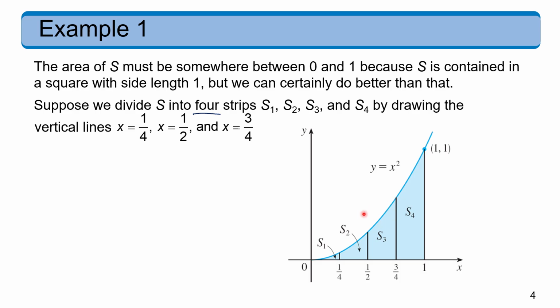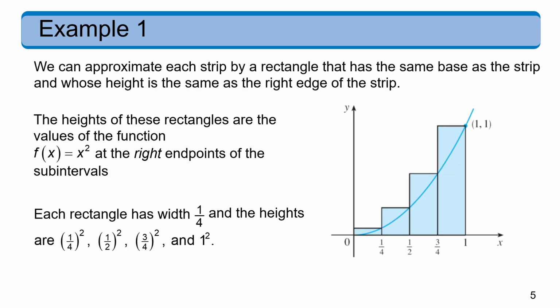So for each of these rectangles we have to first decide where we are going to put the top of each one. There are many different ways you can choose, but in this first attempt what we're going to do is choose the height based on the right edge of the strip.